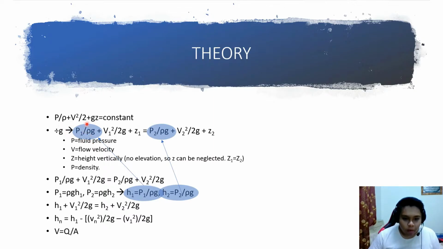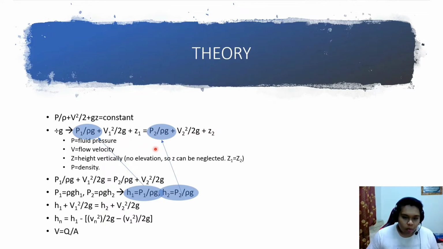And if we divide the equation by g, we can get P1 divided by ρg plus V1 squared divided by 2g plus Z1 equal to P2 divided by ρg plus V2 squared divided by 2g plus Z2.